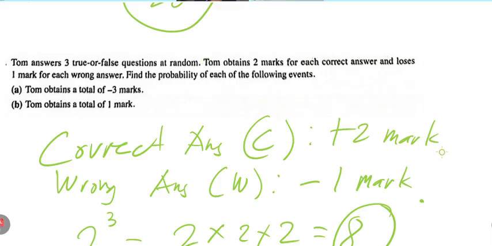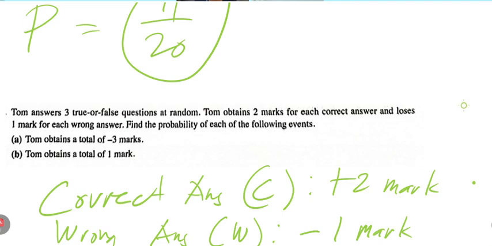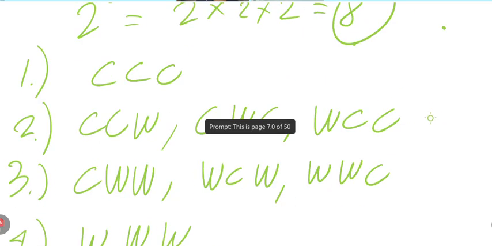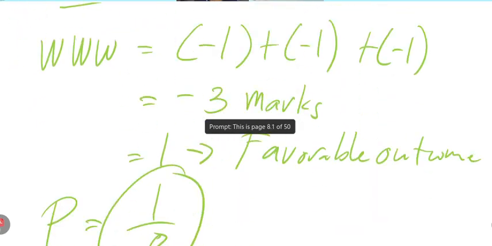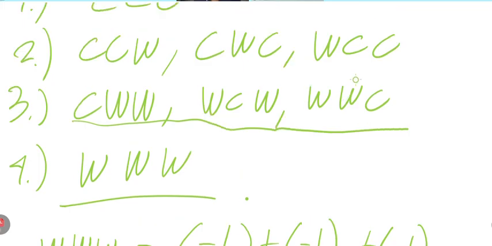Looking at the remaining combinations, the ones that yield 1 mark are the C, C, W type, with two correct and one wrong.